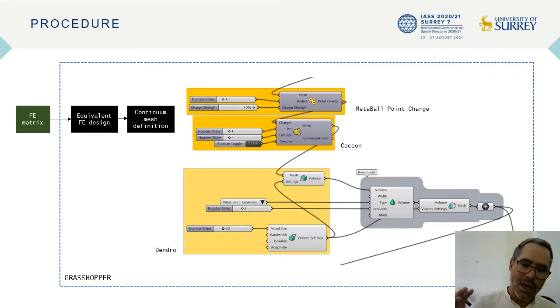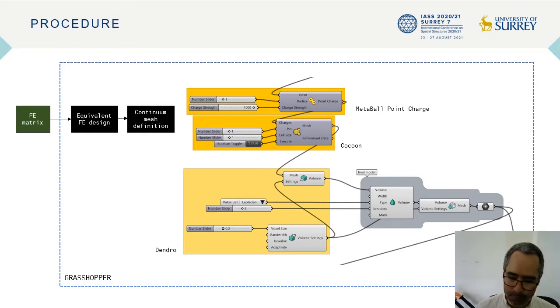However, these boxes or cubes are not connected to each other in Grasshopper, so we are going to use first a plugin called Metaball Point Charge to produce a force field at the center of each of these boxes. Then a plugin, Cocoon, is going to connect these force fields to create a continuous polygonal mesh.